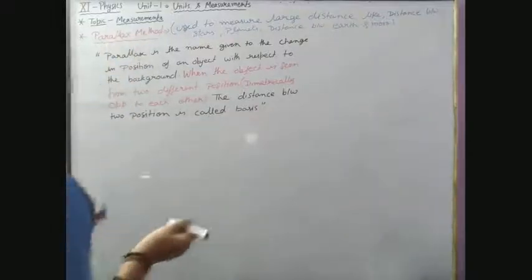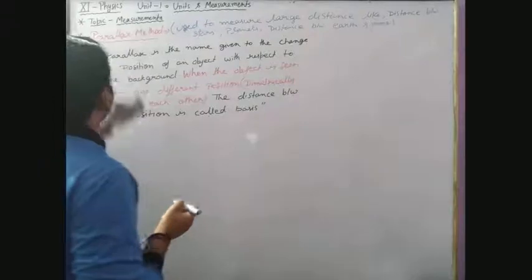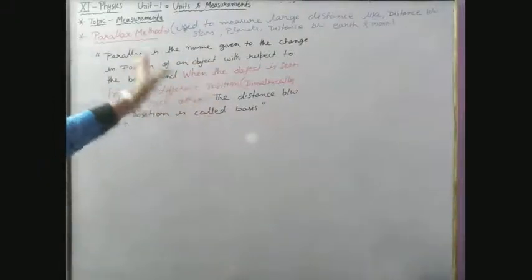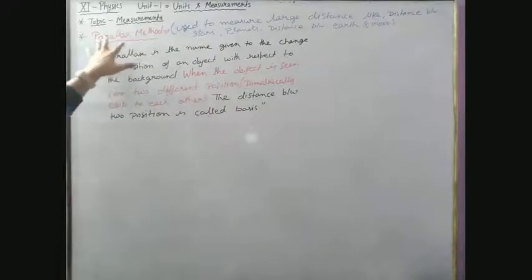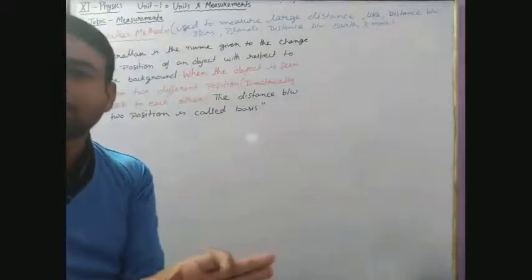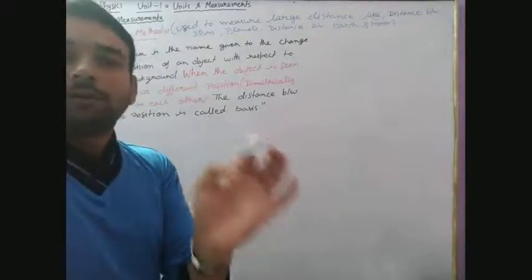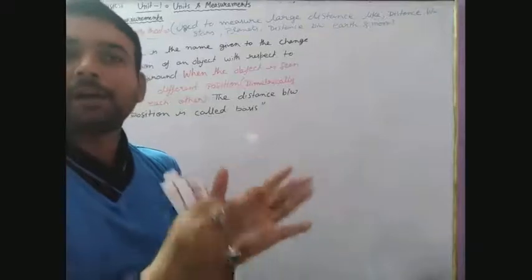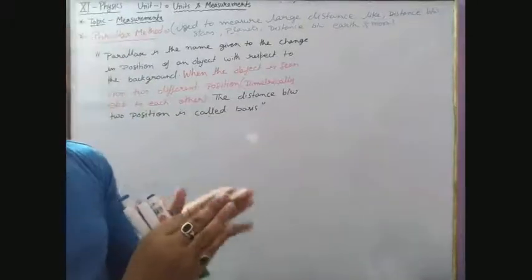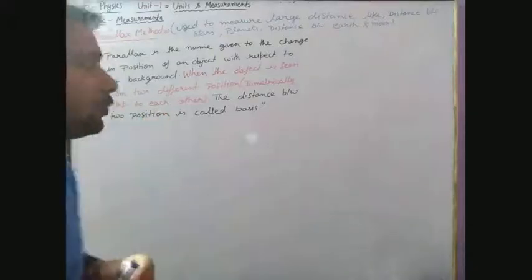Parallax is basically the name given to the two positions of the object which are seen diametrically opposite to each other or very far away from each other.